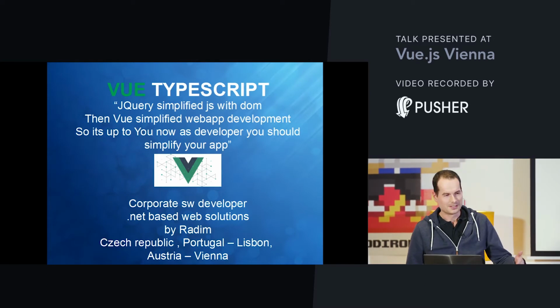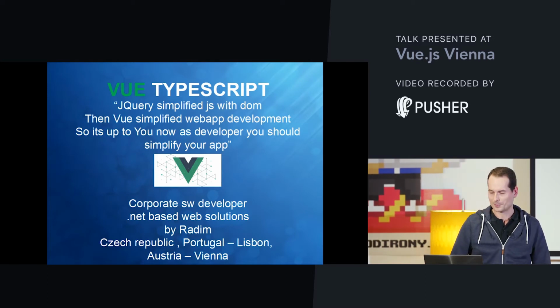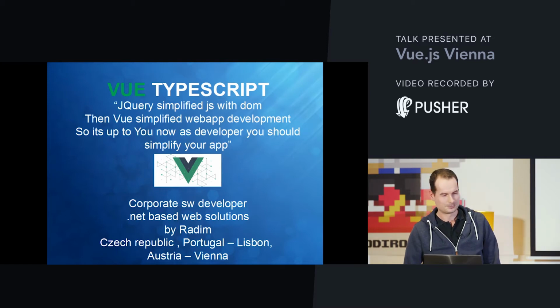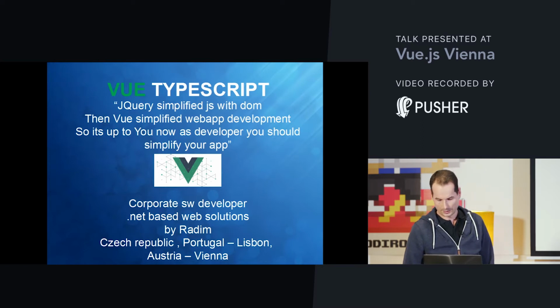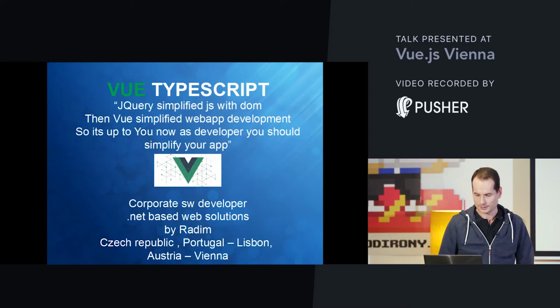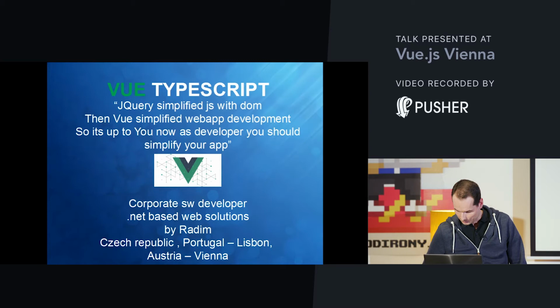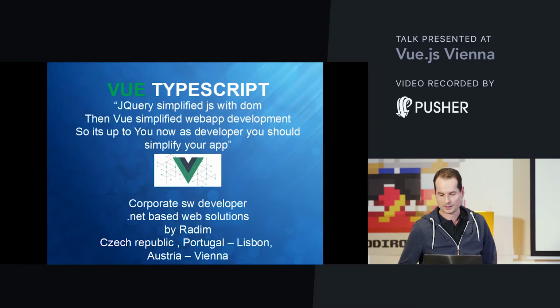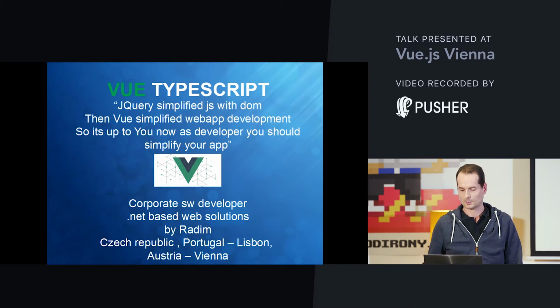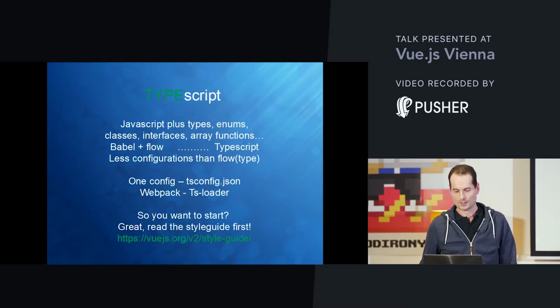And then at the end, it's up to you as a developer to simplify your app. I believe Vue is one of the tools right now that can help you do that, along with TypeScript. Let's look at the advantages which you can use right now.